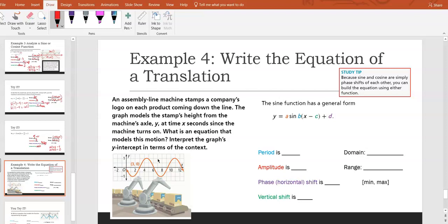The graph models the stamp's height from the machine's axle. So this is probably the axle. Here's the height right now, and it goes up and down and up and down and up and down over a period of time. So time is the x, and then the equation models the motion. Oh, well, we want to find the equation.